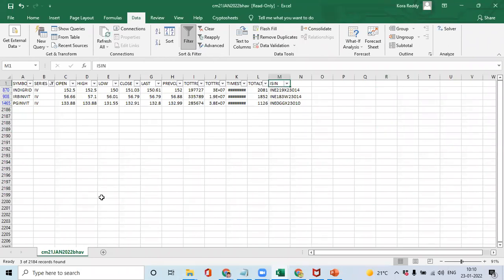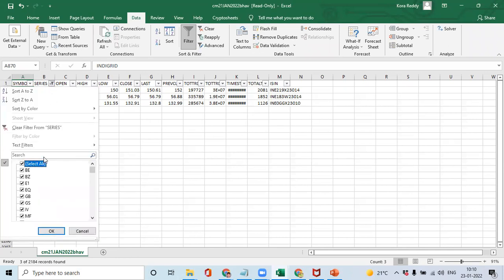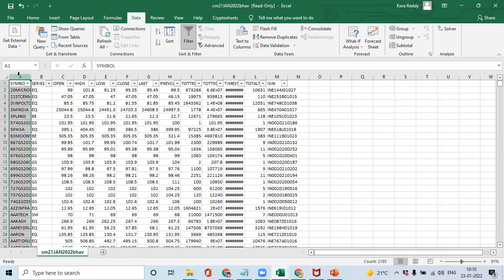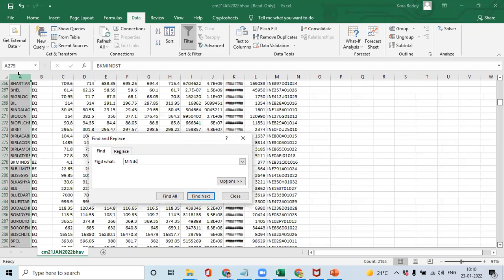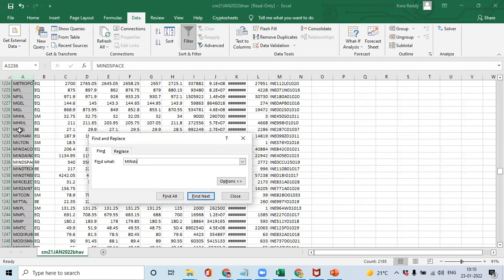not only IRB, the other 2 InvITs as well, right? So that's IV, and I don't think there is a special series for REITs. What is the REIT? Mindspace, right? Oh yes, there is a series, sorry. So this is RR, real estate units.